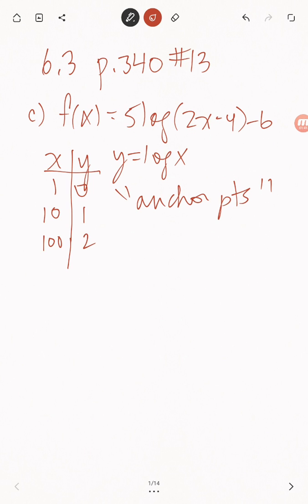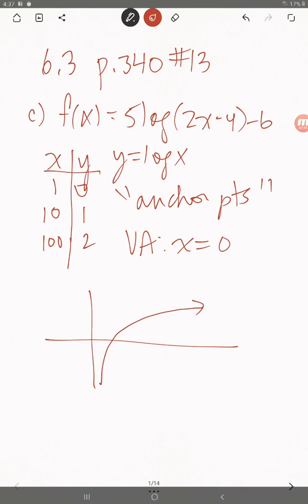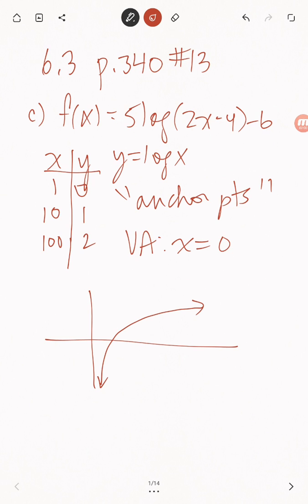And when you looked at the graph, you should have also noted that there is a vertical asymptote at x equals 0. And so just to recap, the graph looks something like this, where the x-intercept is 1, and we have a point at 100, 2 out here somewhere, and a point somewhere around 10, 1.